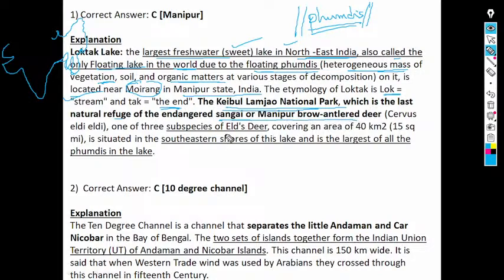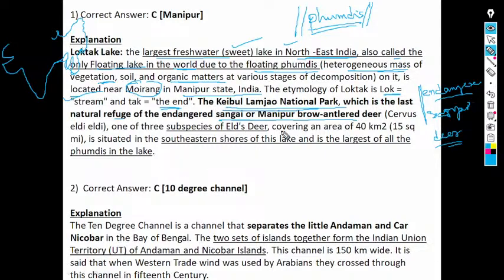Why is Keibul Lamjao National Park famous? It is famous for the endangered Sangai, a particular species of deer, which is endemic to this national park.